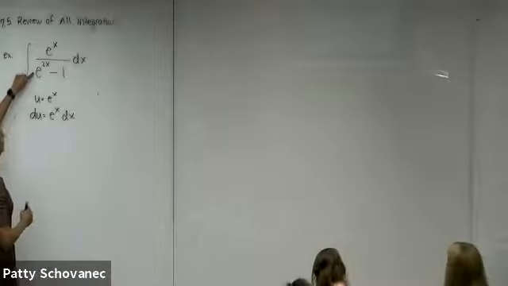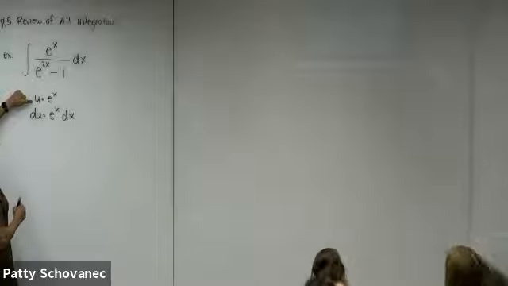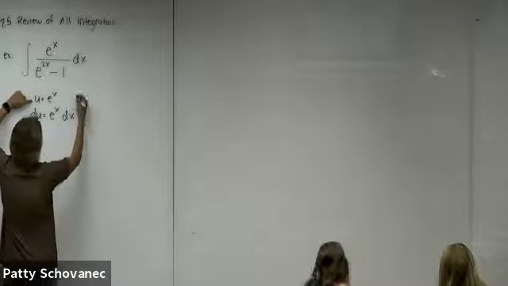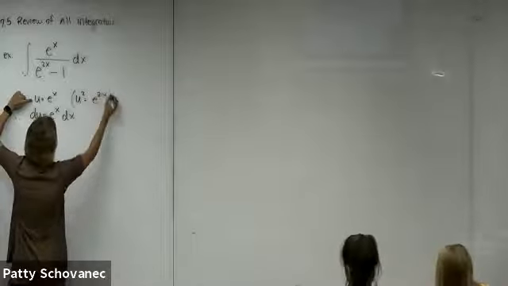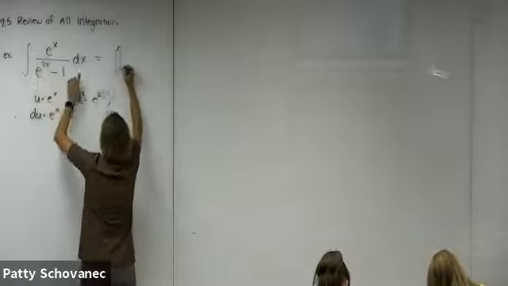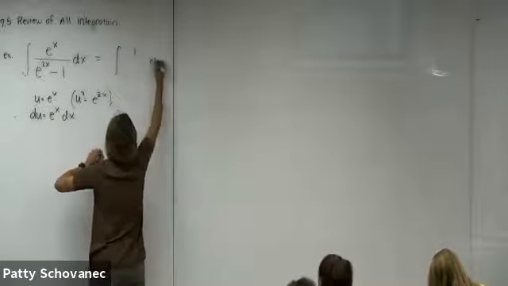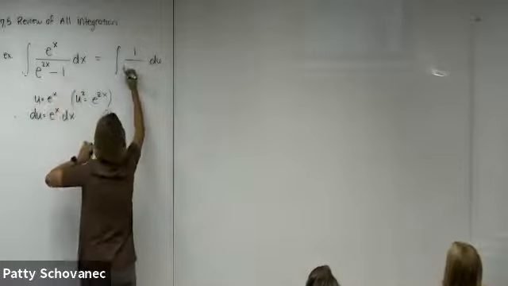And how's e to the 2x related to e to the x? It's u squared. So u squared is the same as e to the 2x. So this integral becomes e to the x dx is just a du, and the integral becomes du over u squared minus 1.